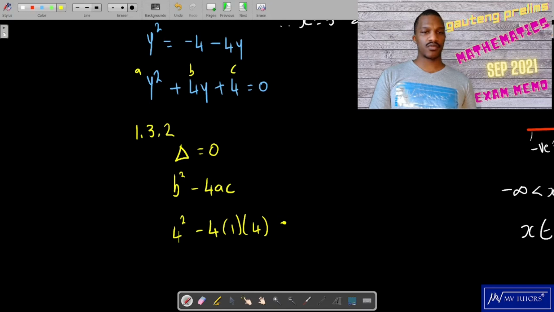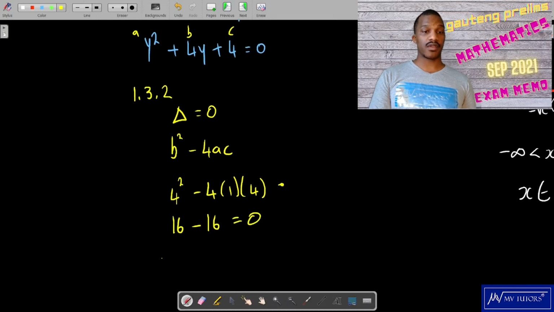So this is 16, 4 squared minus 4 times 1 times 4, which is 16. So this gave us 0. Therefore, the roots are real and equal. This was just theory here, that for the roots to be equal, the discriminant has to be equal to 0.